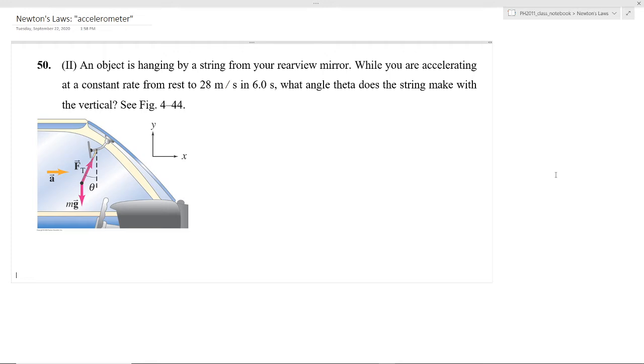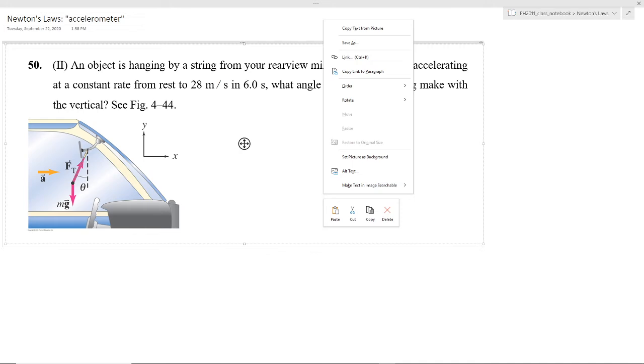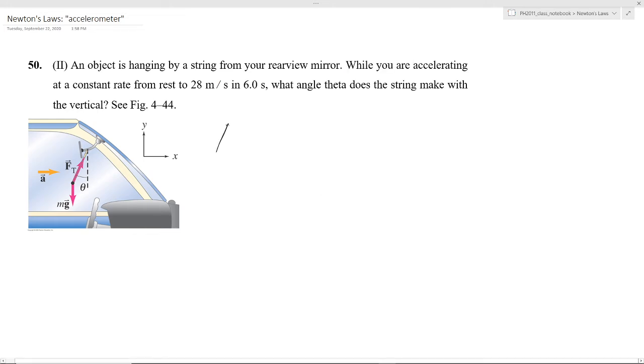Helpfully, they've already put a free body diagram in here indicating our forces. So let's get to work. One thing I want to add, just to help you get oriented, is notice this tension force.